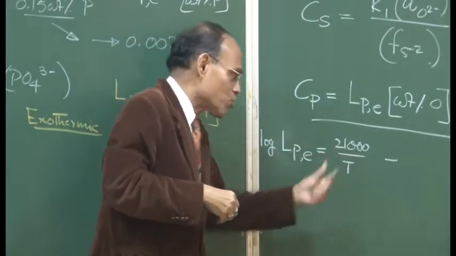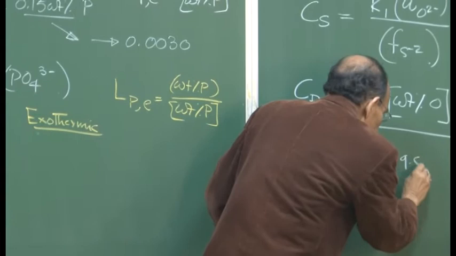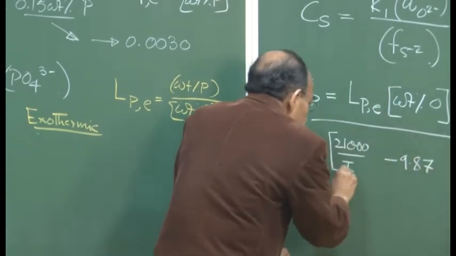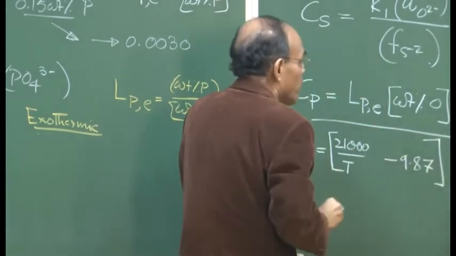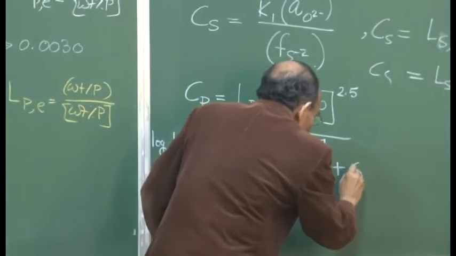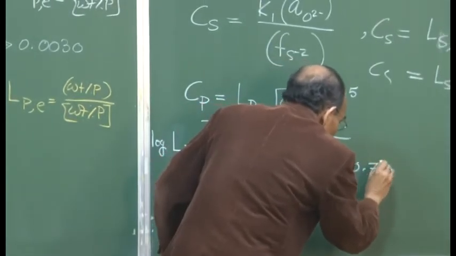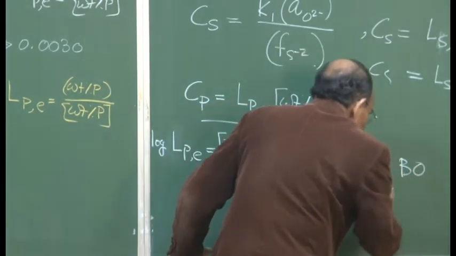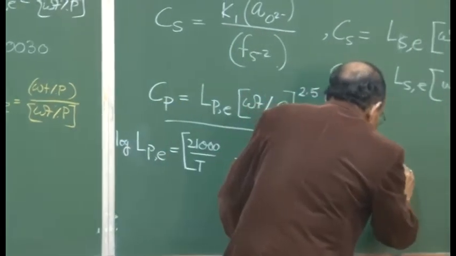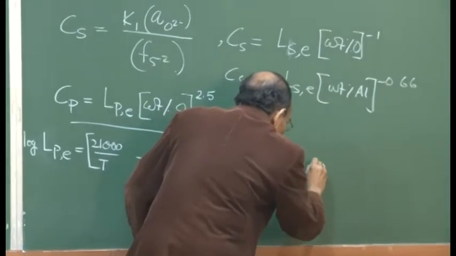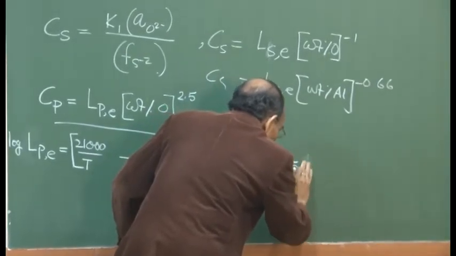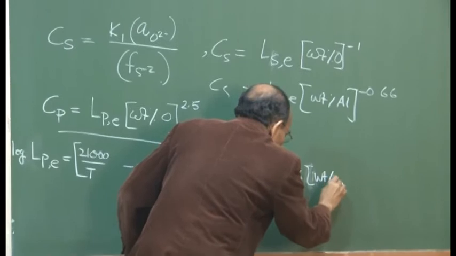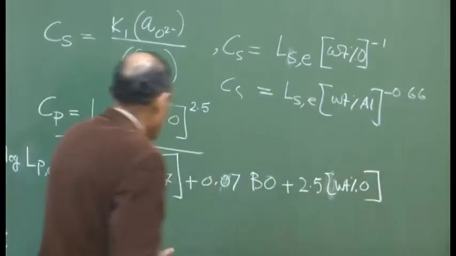This is a reasonable approximation, and this is I think 9.87, okay, and this is the equilibrium constant part, and then we have 0.71, 0.7 into the parameter BO, which I am going to explain, and then this is going to be 2.5 times into what percentage oxygen.